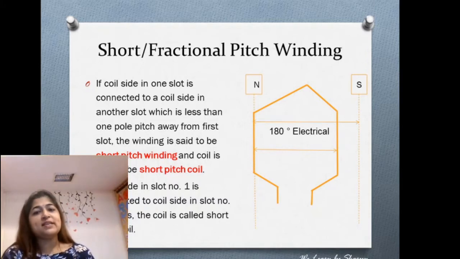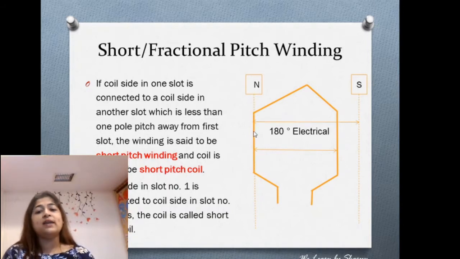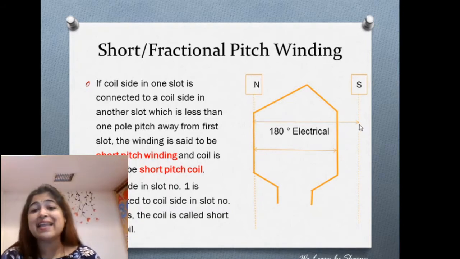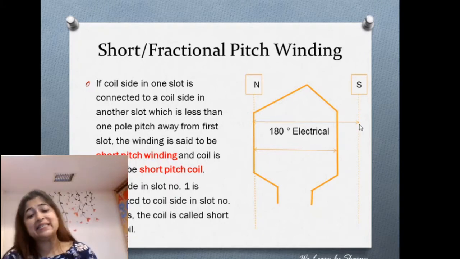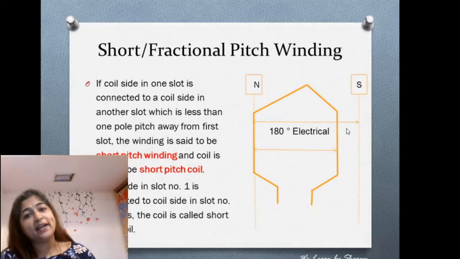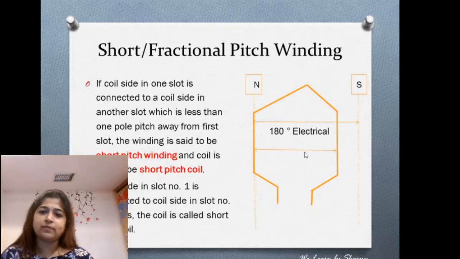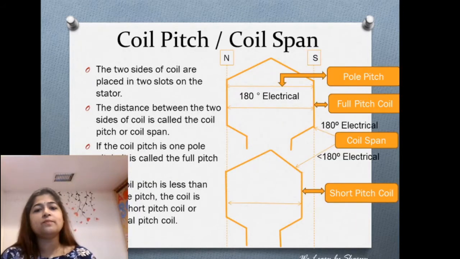For example, if the first coil side is placed in one slot and the other coil side is not placed at the 10th slot but lesser than that, that is, at the 9th or 8th or lesser, then it is called short pitch winding or short pitch coil. I hope things are clear now.